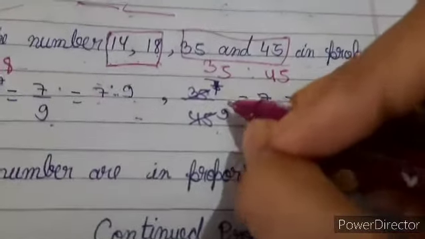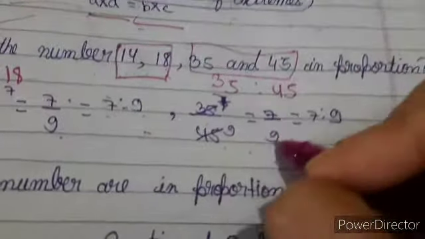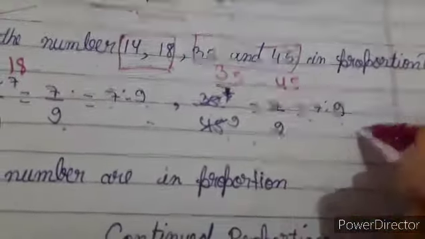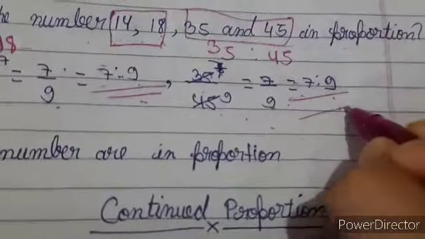How did I calculate this? With 5. 5 sevens are 35, 5 nines are 45. 7 upon 9 is equal to 7 is to 9. Now both answers, this and this, are the same.